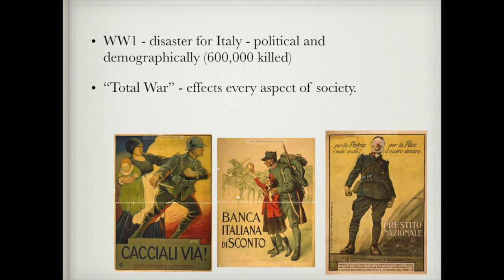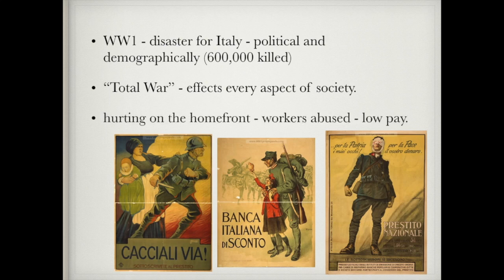And since this is a total war, it affects every aspect of Italian society. We see many soldiers dying on the battlefield, but this is also hurting the home front as well. Workers are abused. Their pay is decreased. So this is just going to create more division within Italy.